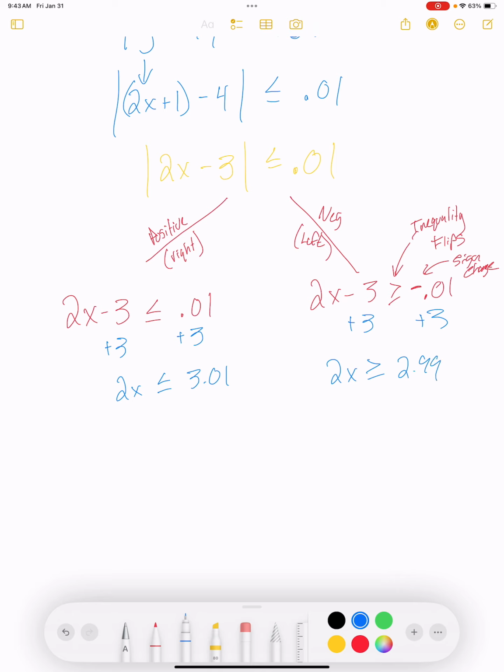Now I'm solving for x, so I divide by 2, and I got x is less than or equal to, let me get my calculator out for that. 3.01 divided by 2 is 1.505.